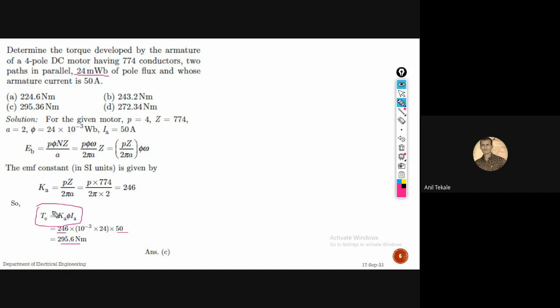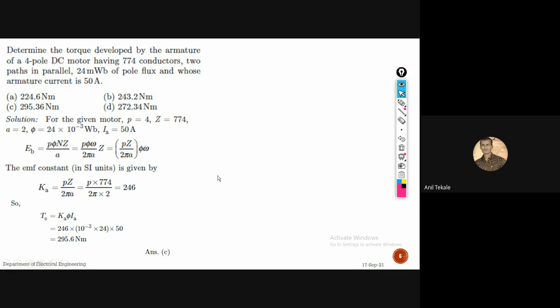As we know, for the DC shunt motor, the formula for torque is Ka into φ into Ia. So 295.36 Newton meter, that is the right answer. So option C will be the accurate.